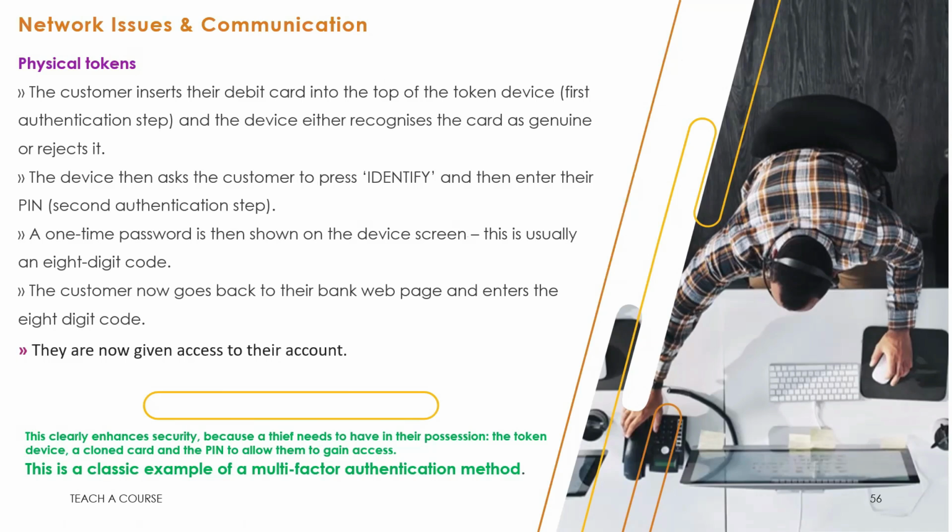So basically, a physical token is called physical because the customer will physically interact with a device. Okay, so you can take this example which was given here. You can be home on your laptop, on your bank's website, trying to access your bank web page, and then it's going to ask you for a physical token.